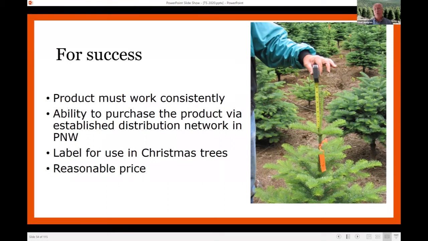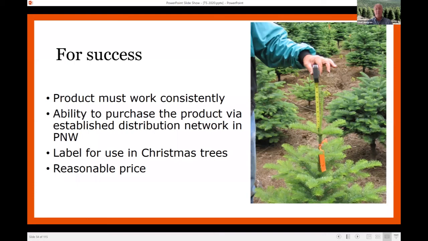So a 20-inch leader could potentially be only 12 inches long with the same number of buds that you would have at 20 inches. So you could increase the density of the tree and not have to cut the tops. That's problematic, particularly on Nordmann and Turkish fir, because once you start cutting the tops, it's not a guarantee that you're going to get straight tops the next season.